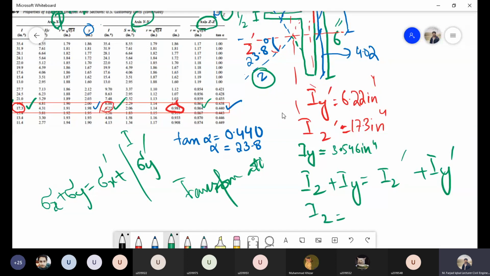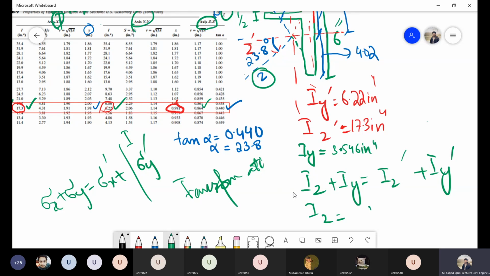So what will be Iz for my case? Nineteen. So 19.98, something like 20.